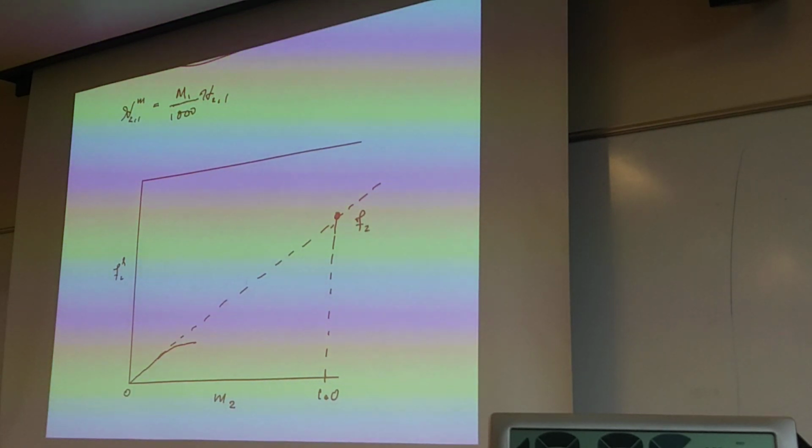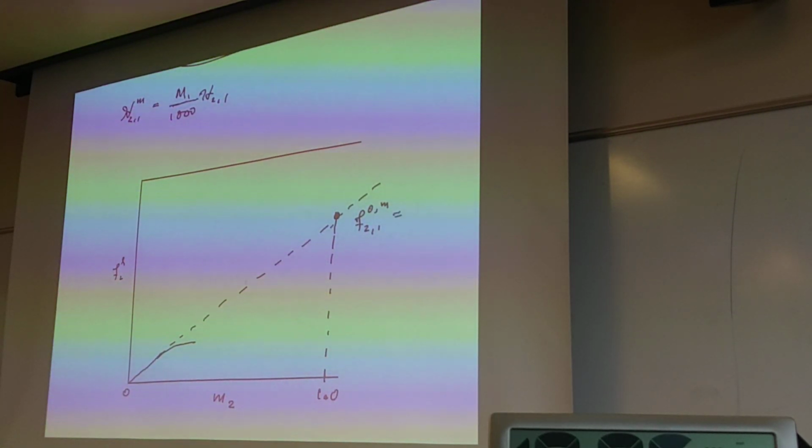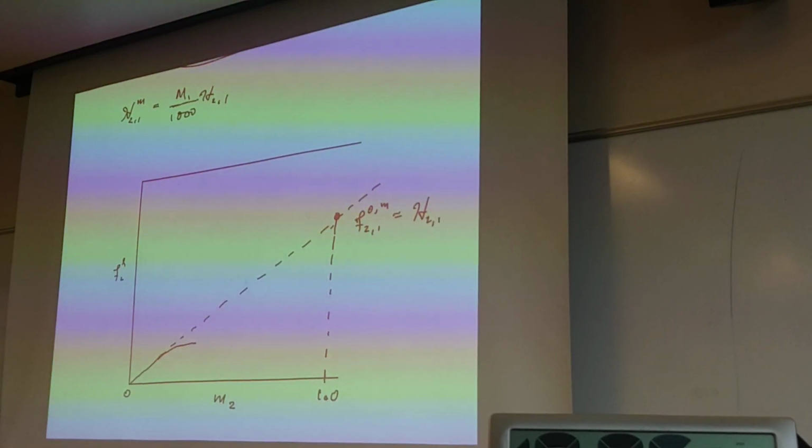So the standard state, the solute standard state on the molality scale, is the fugacity of a hypothetical Henry's law solution at unit molality. In other words, when the molality is equal to 1.